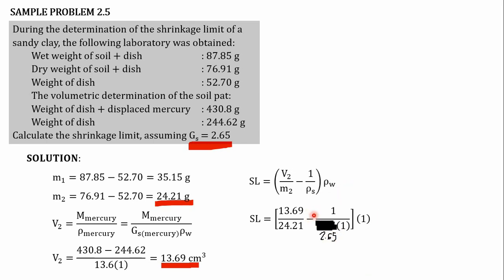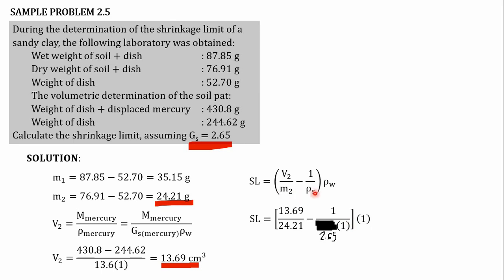So, class, the shrinkage limit is equal to V2, 13.69, divided by 24.21, minus 1 over the density of solids. What is the density of solid particles, class? That is the specific gravity of solids times the density of water, so 2.65 times the density of water, 1 gram per cc.